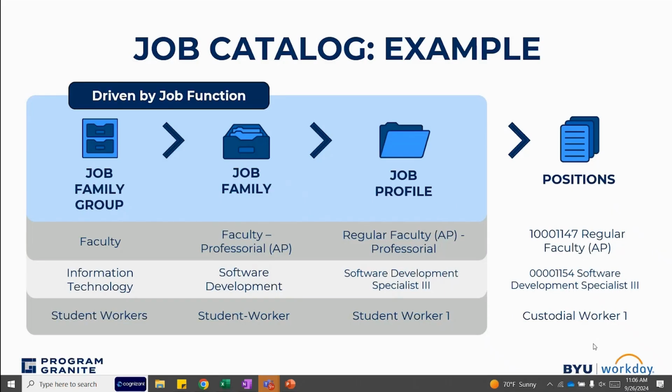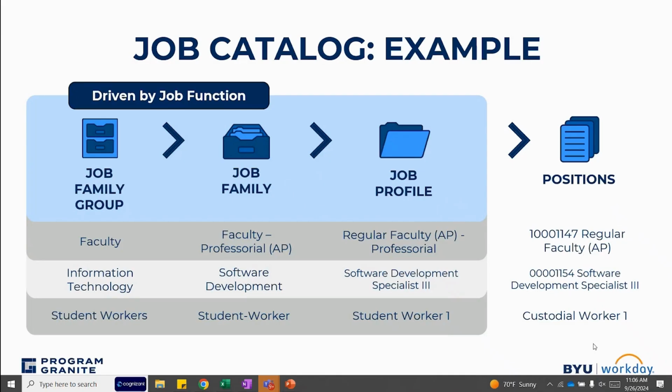Student workers, I think, is the area where you might see the most differences. And that's simply because you all have so many student workers. But again, student worker umbrella, student worker job family, the profiles, and I don't know how high you go, but you've got student worker 1, 2, 3, 4, 5, however high you go. And again, you all know this a lot better than me. Each one of those levels probably has a slightly different comp rate, slightly different experience level that's needed.